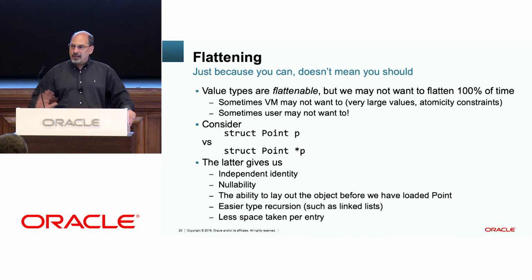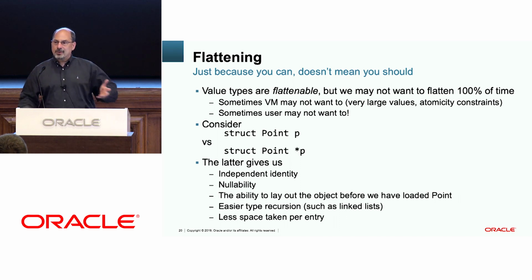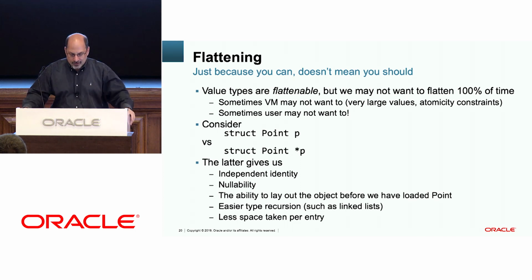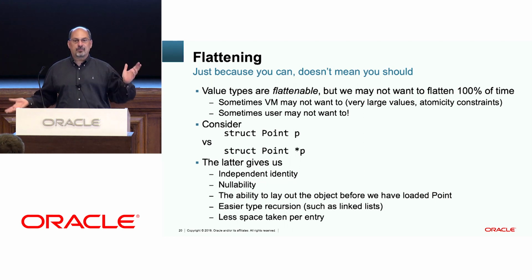And so we want to leave the VM that flexibility, but we also want to leave the user that flexibility to say, yes, this is a value type, but this value type field in this bigger thing shouldn't get flattened, or in this array shouldn't get flattened, for any number of good reasons that the user might have. Like, for example, maybe it's a value type that has a lot of fields, and I'm allocating what I expect to be a sparse array.